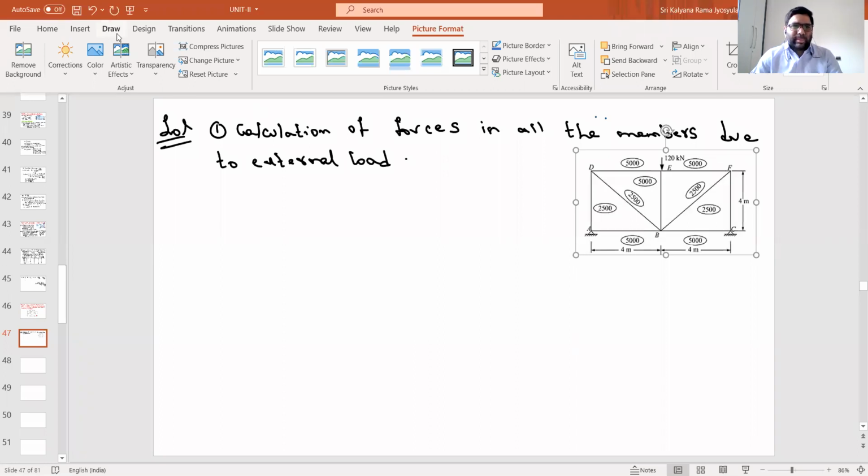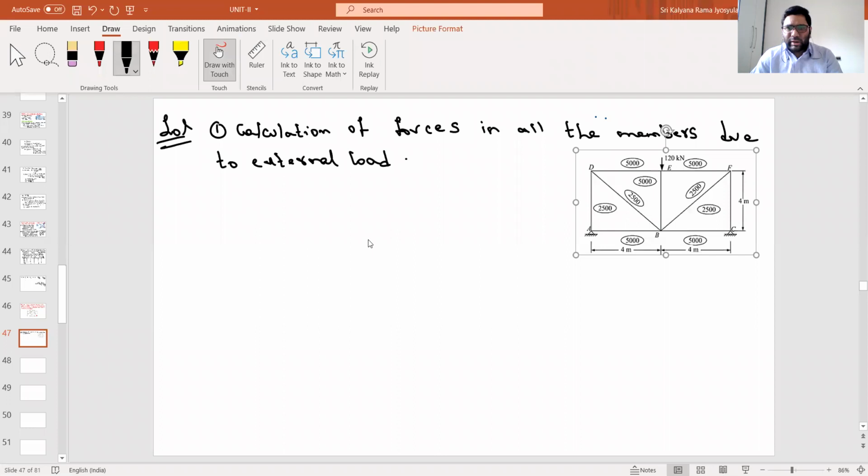So this is what we need to use for this figure. Let us try to first calculate the reactions. So this is a roller. Okay. So first let us try to calculate the reactions. So how do we calculate the reactions? The reactions are calculated by taking the moments about any joint, right?